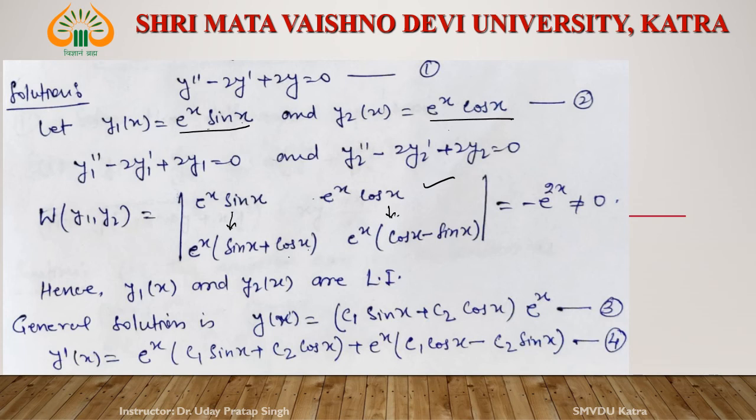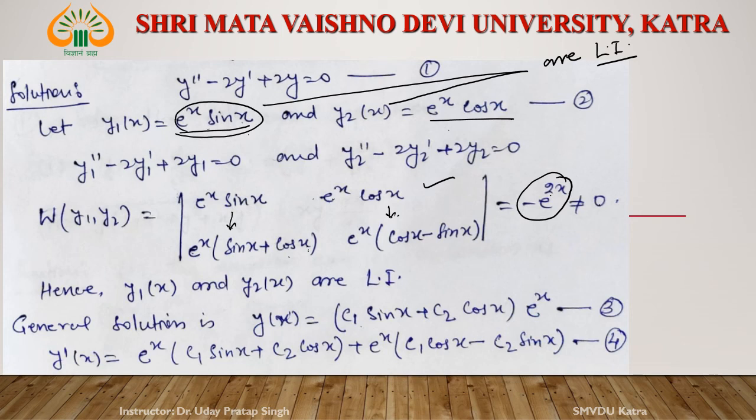After solving this determinant, we get minus e to the power 2x. This is not 0. So these two solutions are linearly independent. And what is the general solution? C1 into y1 plus C2 into y2. After simplifying, we get y is equal to this. This is the general solution.